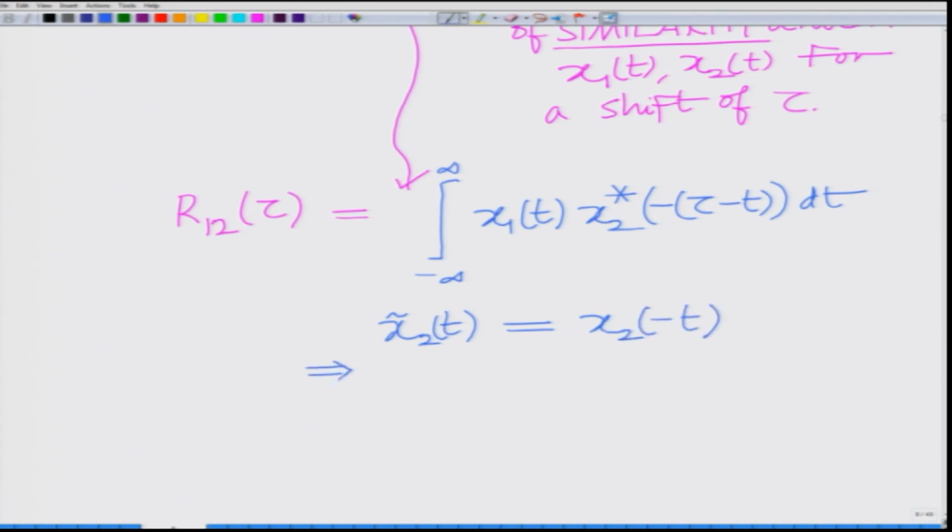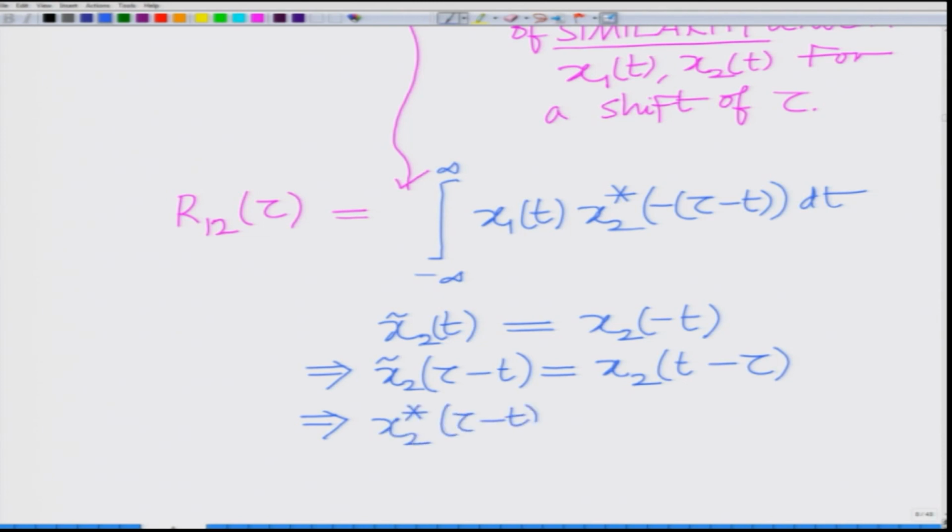This implies x2 tilde of (tau minus t) equals x2 of (t minus tau), so x2 conjugate of (tau minus t) equals x2 conjugate of (t minus tau).